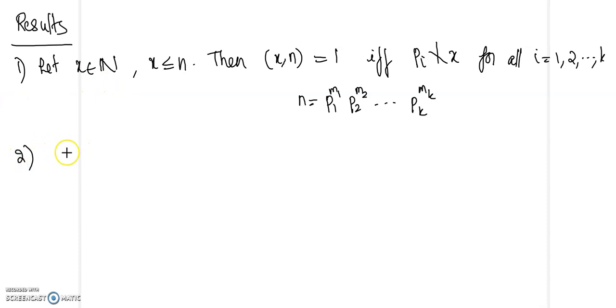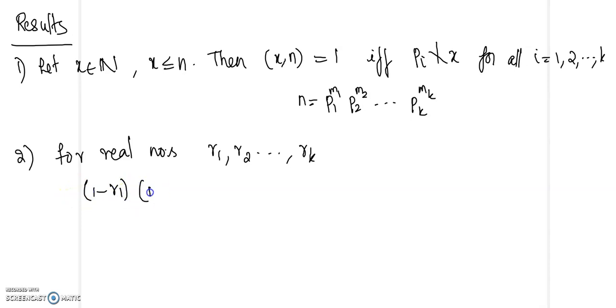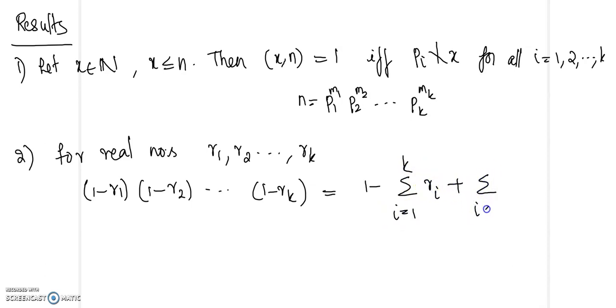Then the second result we have is for real numbers r1, r2, etc., rk. For any k real numbers, when you expand the product (1 minus r1)(1 minus r2)...(1 minus rk), the value is given by 1 minus the summation over i from 1 to k of ri, plus the summation over i less than j of ri rj.